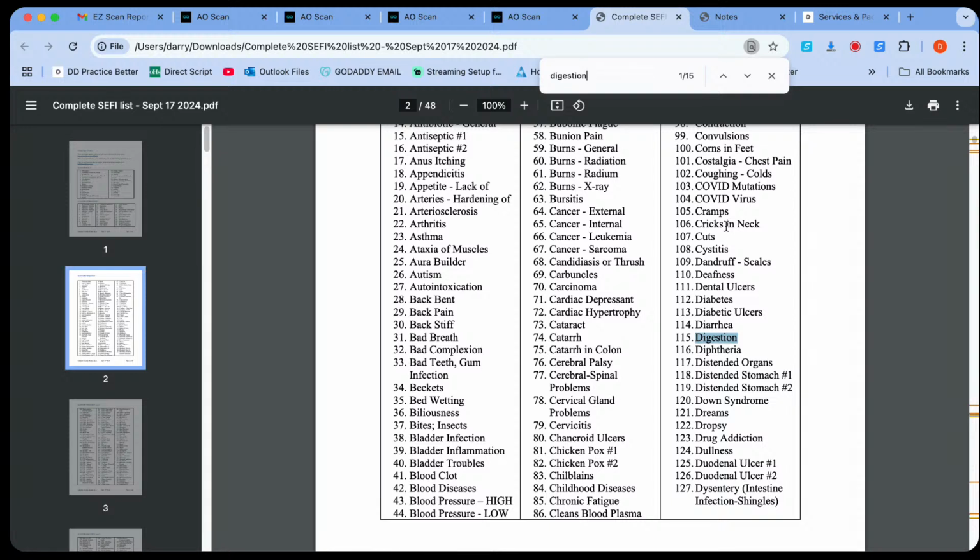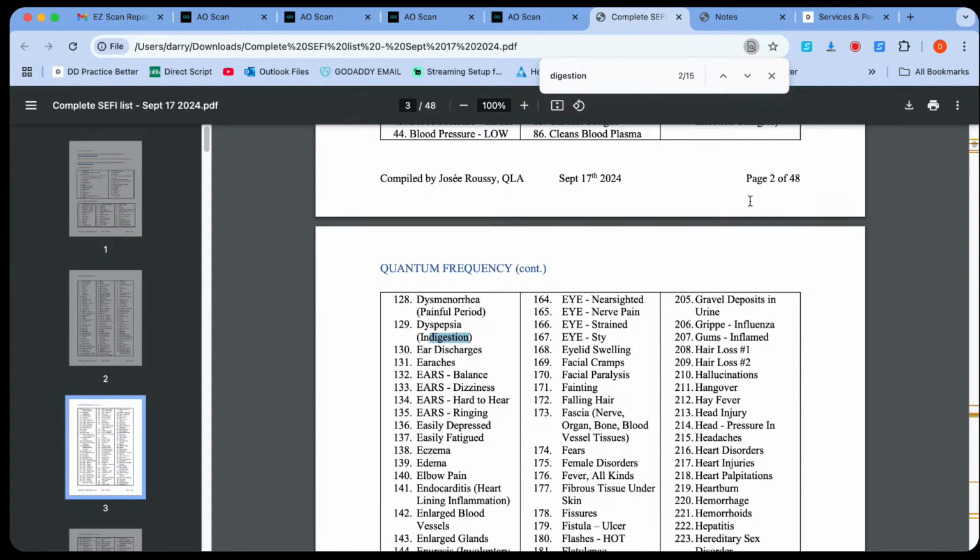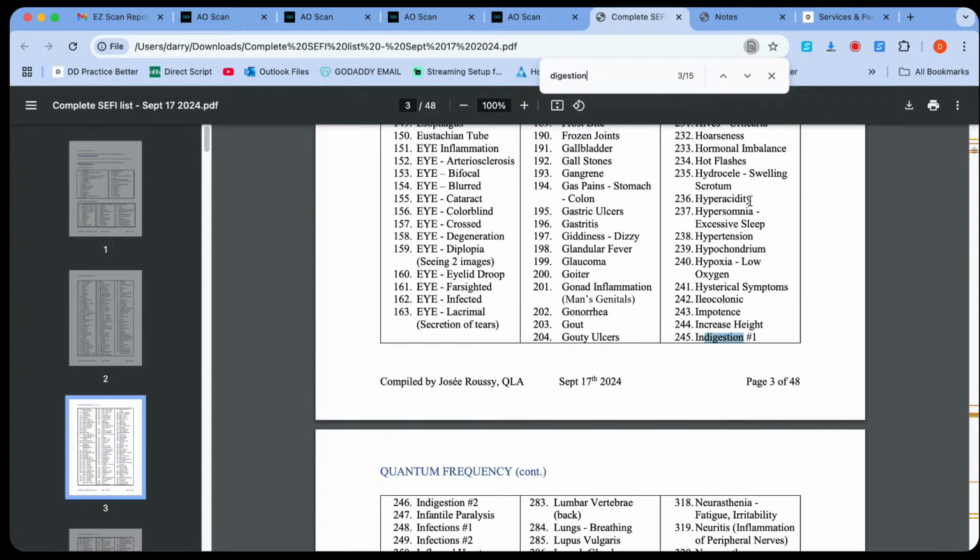First of all, the actual frequency of digestion is there. I'm going to recommend adding that. There are 15 hits, so let's just see what else is in the Cephi list. All right, and there's also indigestion 1 and 2.